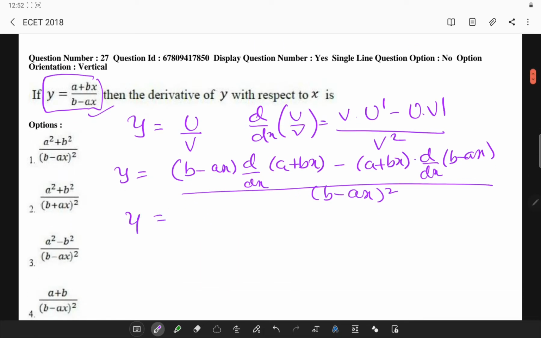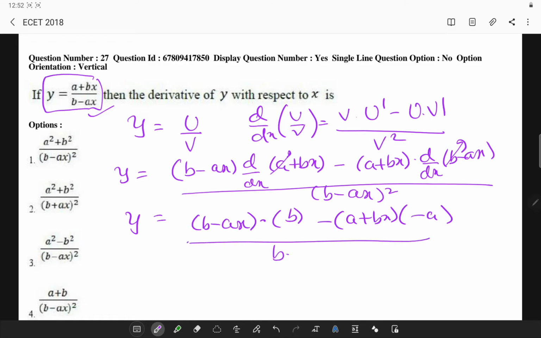So here we are left with (b minus ax) into derivative of a constant is 0, and here you will have b, and you will have (a plus bx), and derivative of a constant is 0, you will have minus a, divided by (b minus ax) whole square.